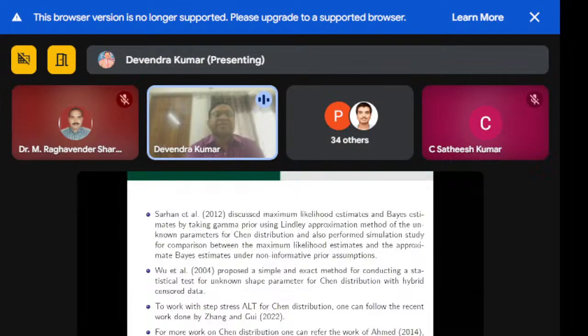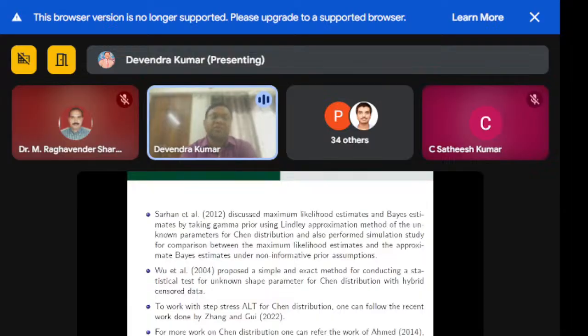Many authors have done statistical inference on the Chen distribution. Rastogi et al. 2012 discuss maximum likelihood estimates and Bayes estimates by taking a gamma prior using the Lindley approximation method for the unknown parameters of the Chen distribution, and also perform a simulation study comparing the maximum likelihood estimate and the approximate Bayes estimator under a non-informative prior assumption.